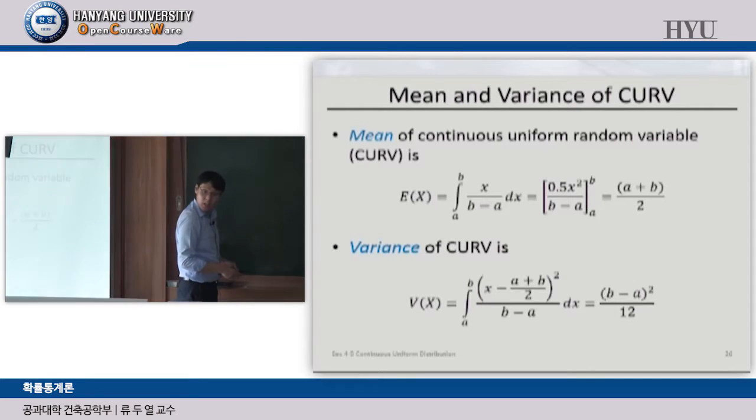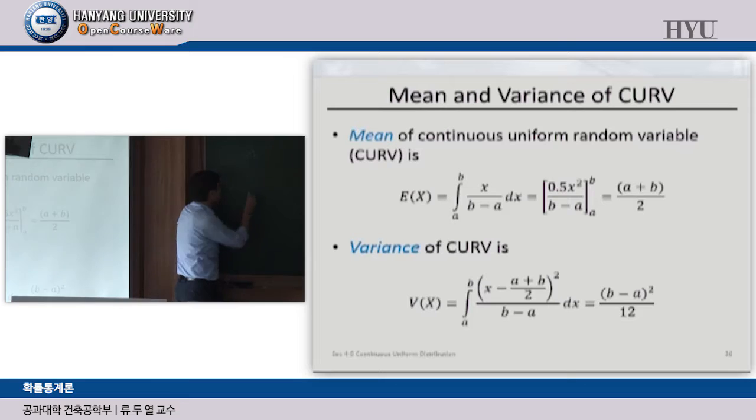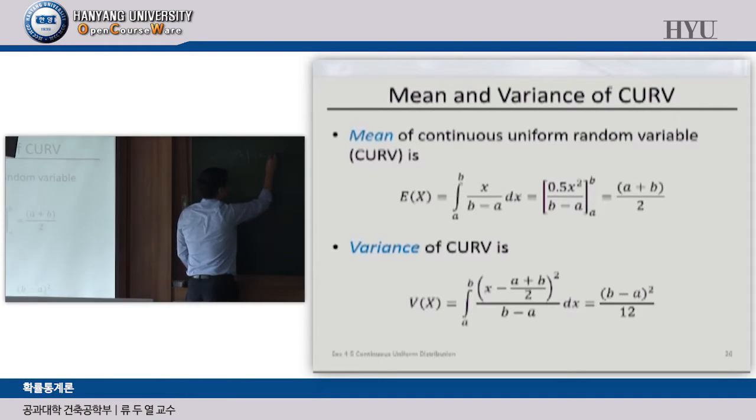According to the previous slide, the variance of a continuous random variable was the integration of (x minus mu) squared f(x) dx, right? And this can be rewritten as the integration of (x minus, what is the mu in this case?